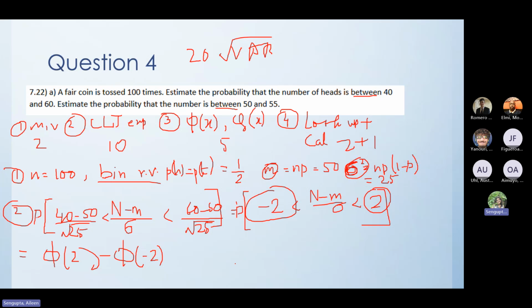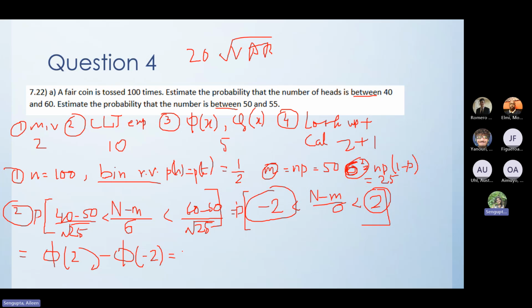If you have only one expression that is greater than, less than, whatever, process that. But here, since you have a limit, you have to subtract. So phi of 2 is great, but what about phi of minus 2? Remember, the expression of phi and Q: 1 minus Q of x is phi of x, right? So you can either convert that entire expression to Q first and then convert everything else, like we practiced in the first exam, or do it in your own way, all right?